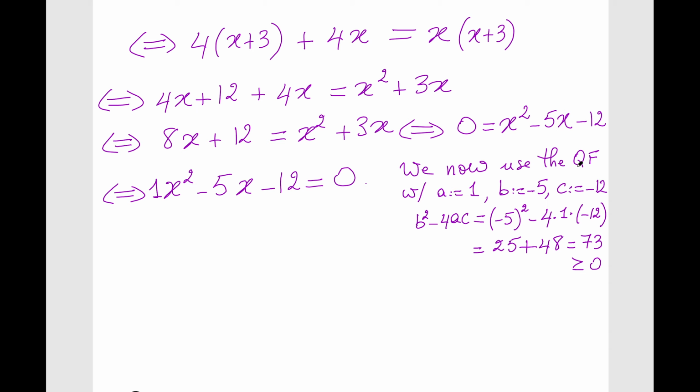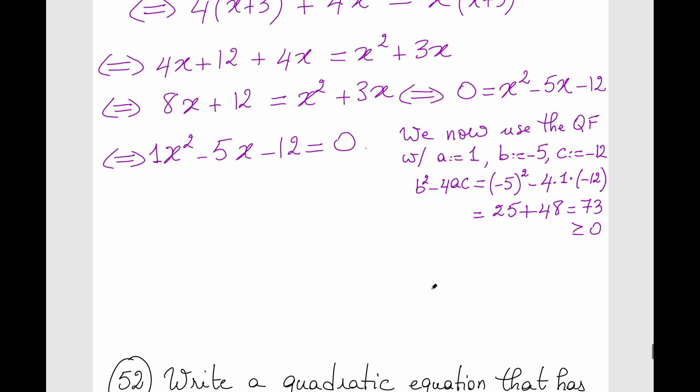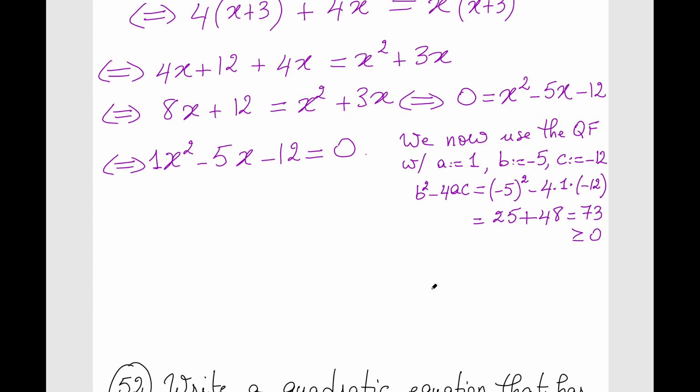And as such, the quadratic formula, as promised, is going to be applicable, right? And what do we get? We need to find the m and the p, right? So m is -b minus the square root of b squared minus 4ac, divided by twice a, okay? And what's that in our context?